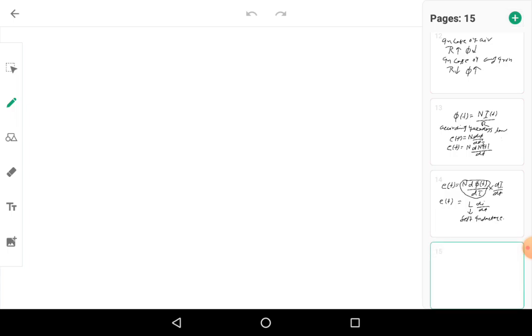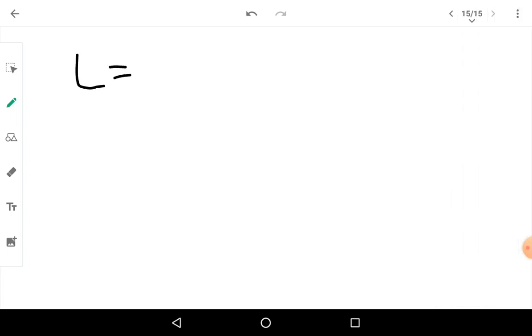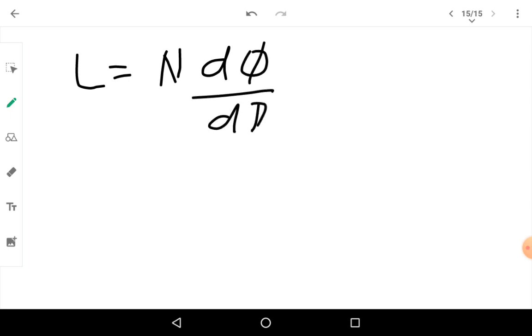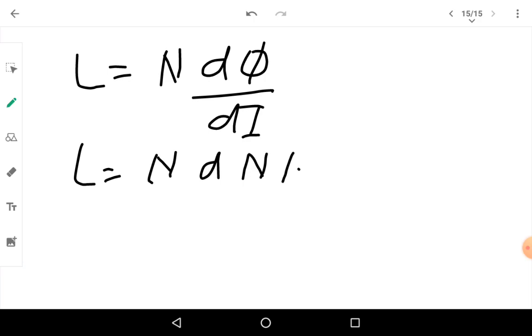Now we know that L equals N d phi upon di. So L equals N d(N i) upon R upon di.